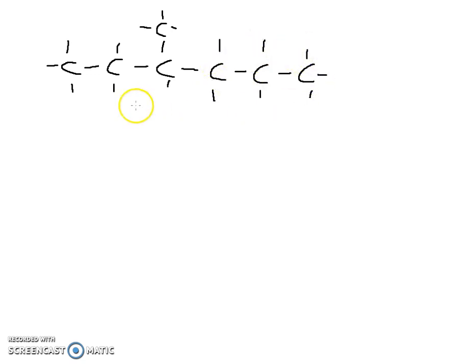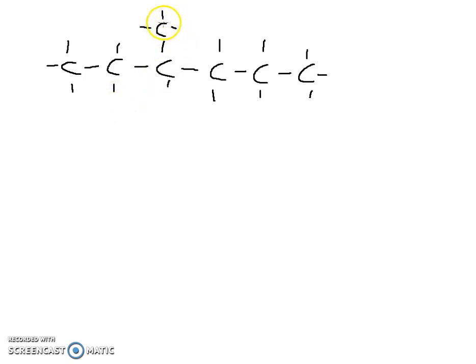Okay. So in this case, how you identify a branch from a parent is the parent chain has to be the longest continuous chain of carbons. So for example, here I have 1, 2, 3, 4, 5, 6. Now, when you're looking at a structure, you have to figure out the different ways that carbons are strung together.